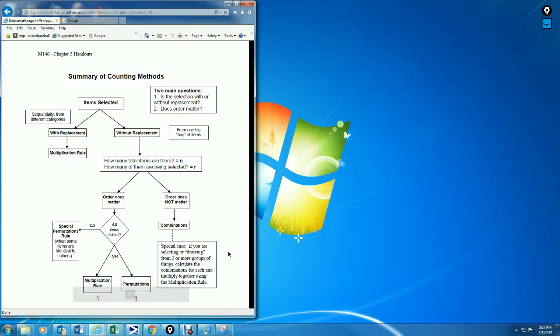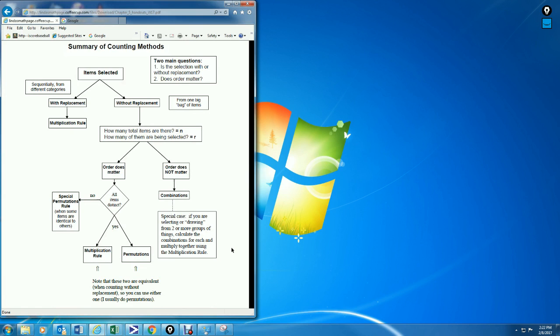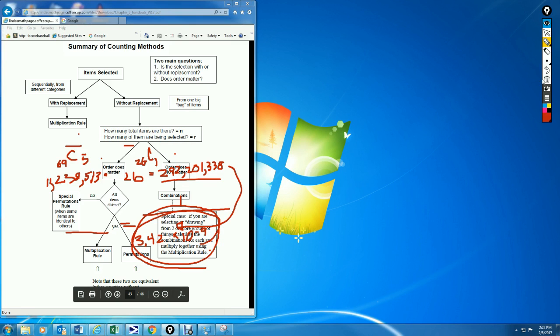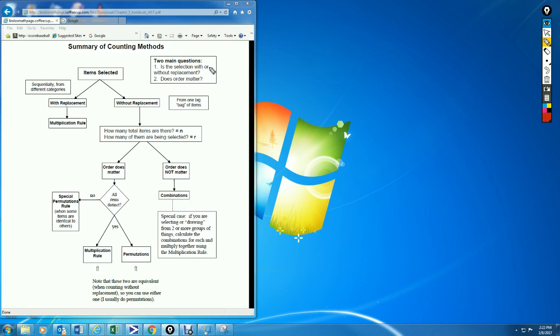And this just basically shows kind of a flowchart that I've put together over many years, having taught this counting material, to try to help you to figure out which counting method is appropriate. Okay, and there are some key questions, like right off the bat.